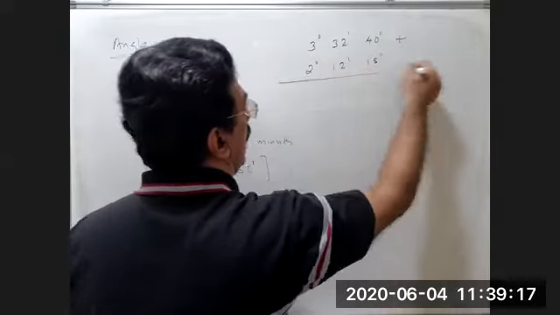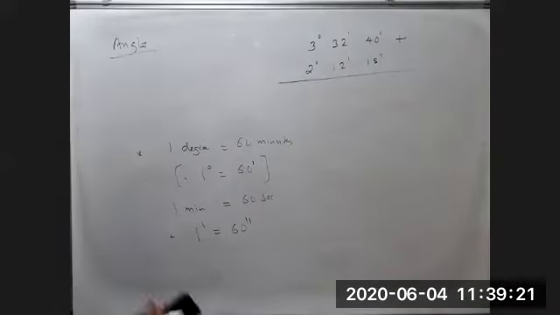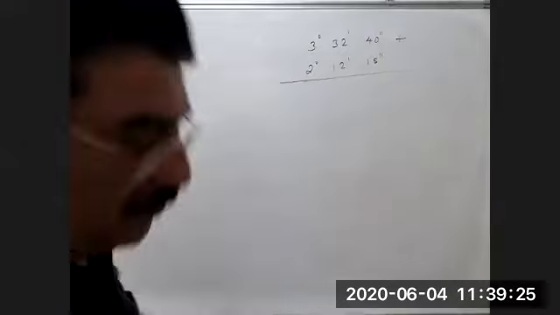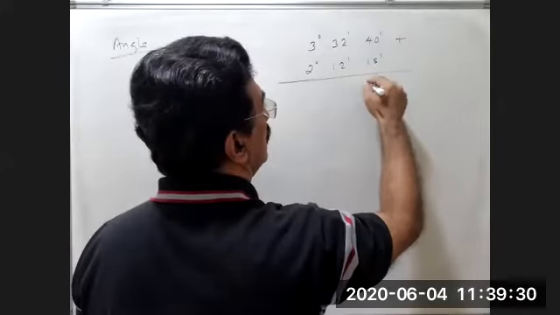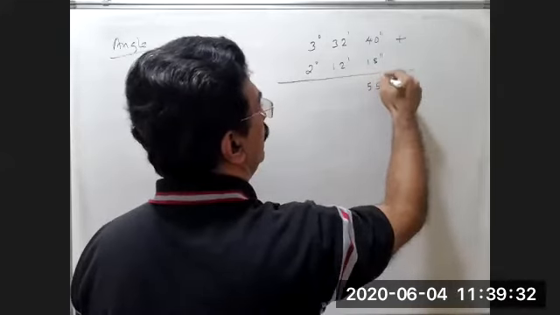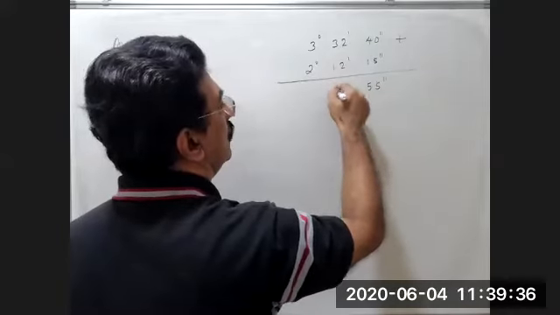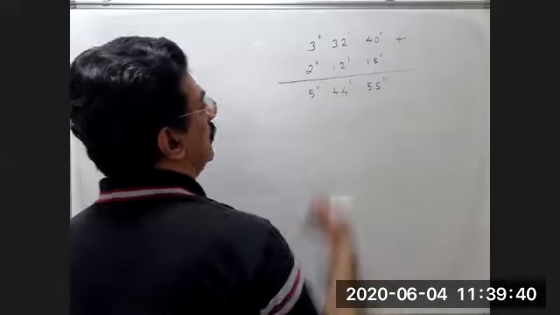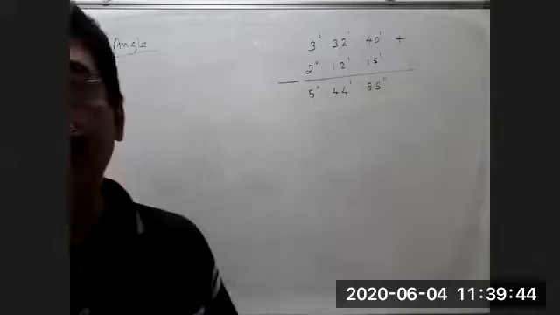How to add? Just write an example. Adding from right to left as usual. 40 plus 15 is 55 seconds. 32 plus 12 is 44 minutes. 3 plus 2 is 5 degrees. So 5 degrees, 44 minutes, 55 seconds.